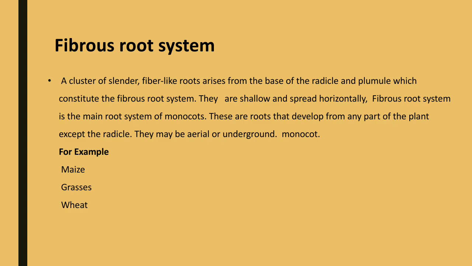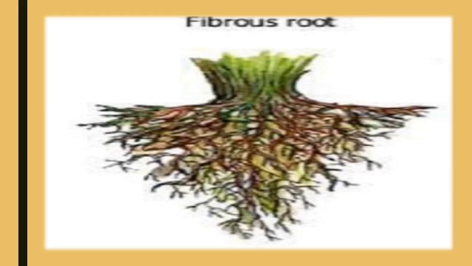These are roots that develop from any part of the plant except the radicle. They may be aerial or underground. Examples are maize, grasses and wheat. You can observe here the fibrous root structure in the diagram.